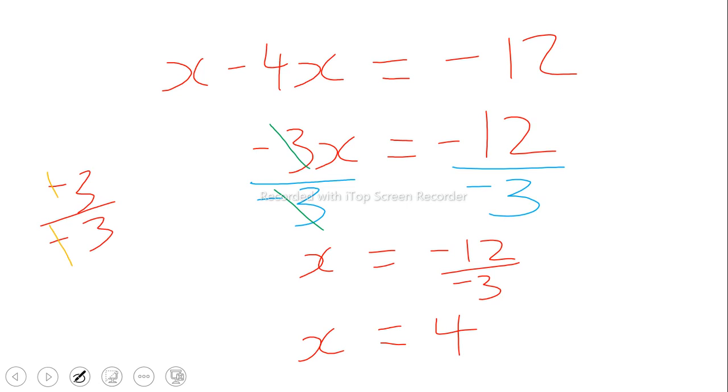Every time you divide a negative by a negative, it becomes a positive, and every time you multiply a negative by a negative, it becomes a positive. So bear that in mind.